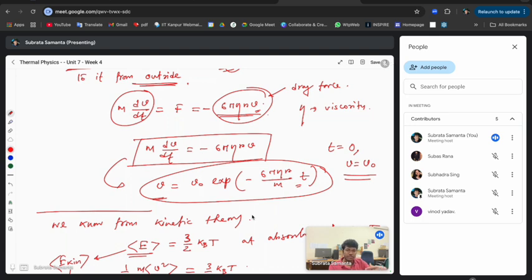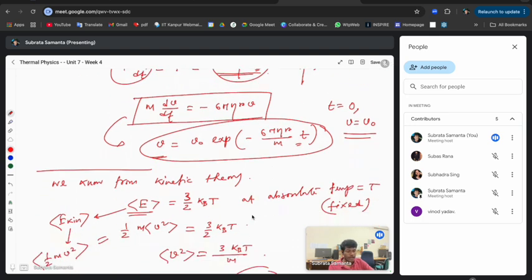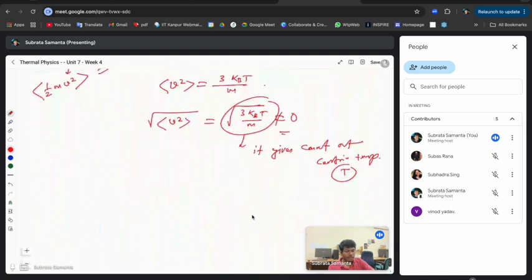So the velocity changes with time, but from kinetic theory you know that this is constant, if we fix the temperature.